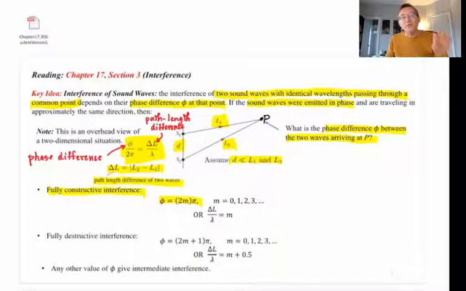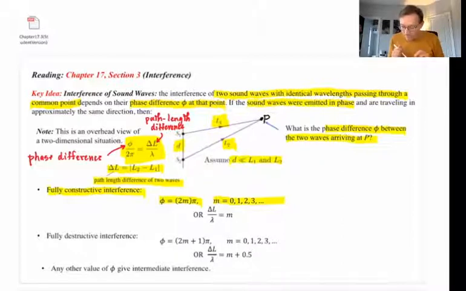Phi equals 2m pi, where m can be any number in this string of integers, 0, 1, 2, 3, and so on. Because if m is any integer in that string, then 2m pi would be 0, 2 pi, 4 pi, 6 pi, 8 pi, 10 pi, and so on. Then you'll get fully constructive interference. Big amplitude sound wave, it'll be loud at point P.